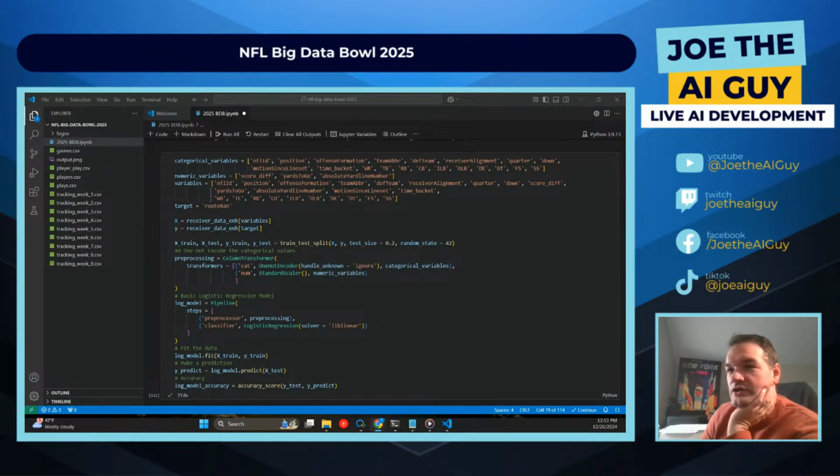That's result play action. I wouldn't know that before the snap. I guess the offensive team would know if it's play action or not.